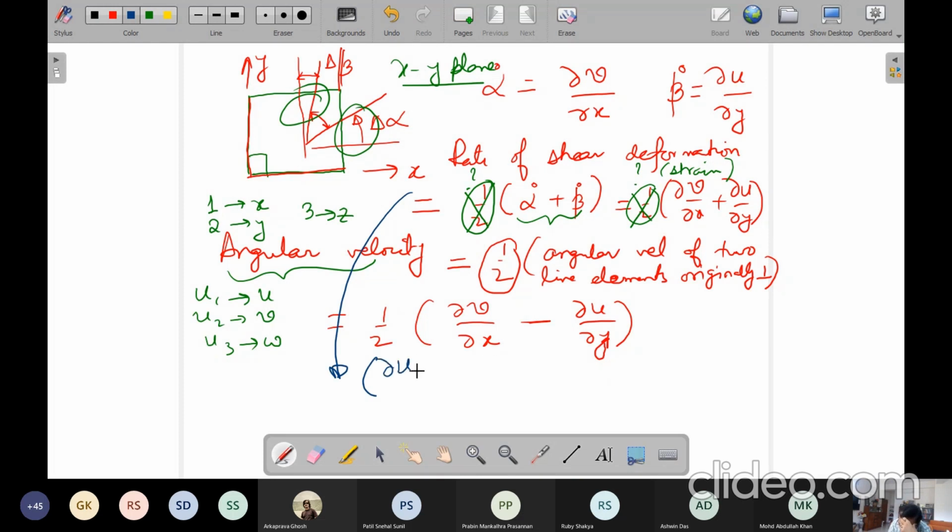In place of V, we will write U2. In place of X, we will write X1. In place of U, we will write U1. And in place of Y, we will write X2. So in that way, this is talking about the deformation in the 1-2 plane, right? 1-2 plane.